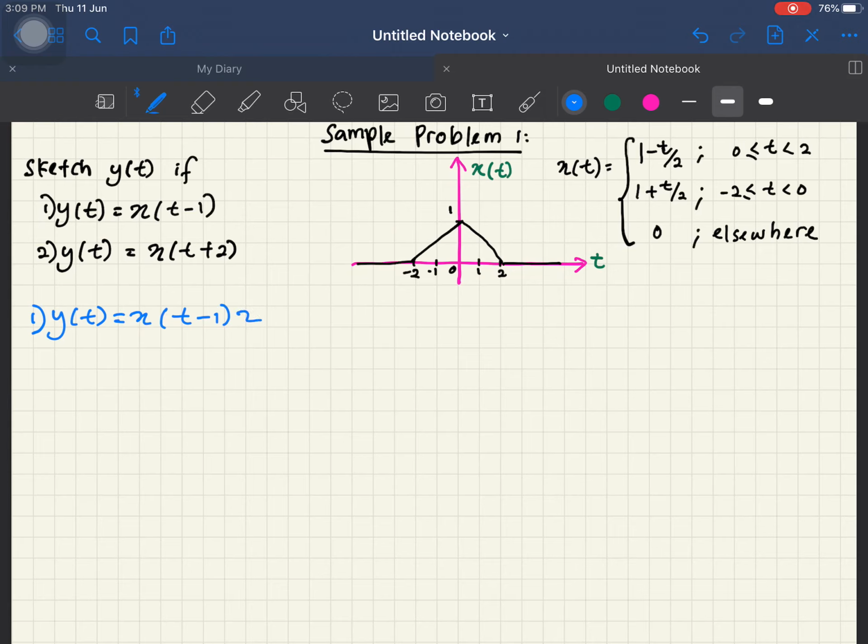This actually means the signal is shifted to the right by 1 second. So let's sketch this graph.